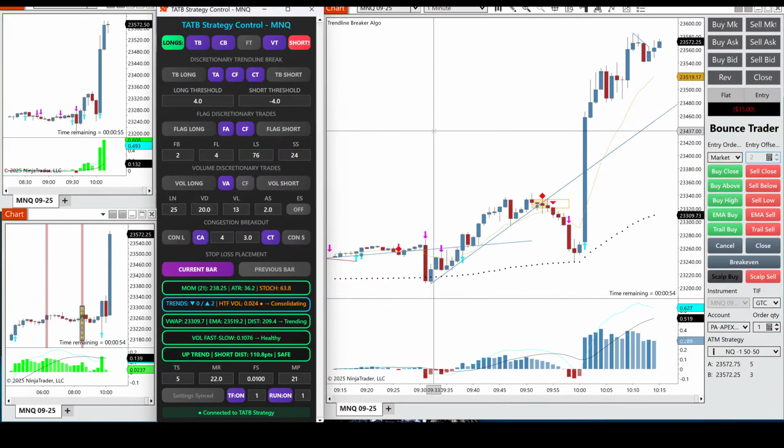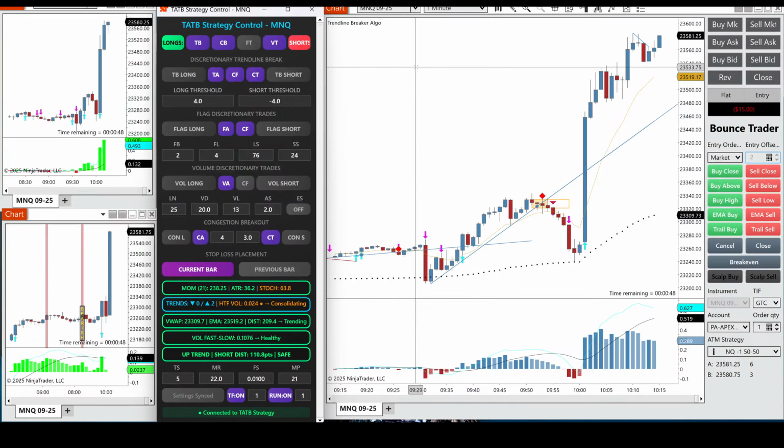And I've selected MNQ. Usually I trade NQ. But for demonstration purposes, I know that I will be somewhat distracted, so I size down, and just for demo purposes, I use MNQ today.